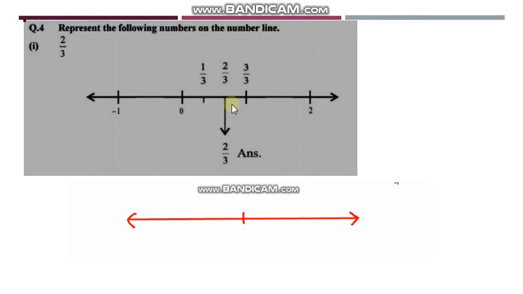We have divided this 0 to 1 into 1, 2, 3 equal parts. First part is 1 over 3, second part is 2 over 3, and the last part is 3 over 3, means it is 1. 3 over 3 means 1. So this is the position of 2 over 3.